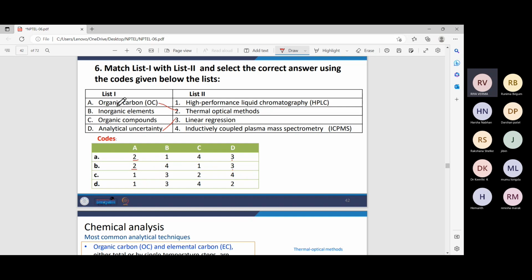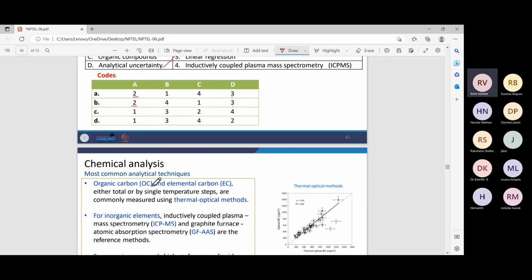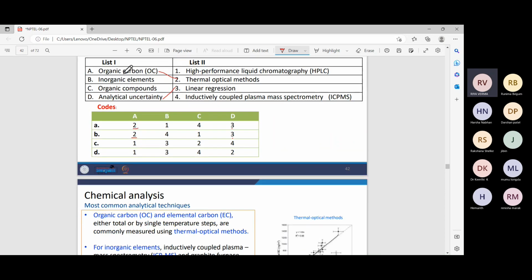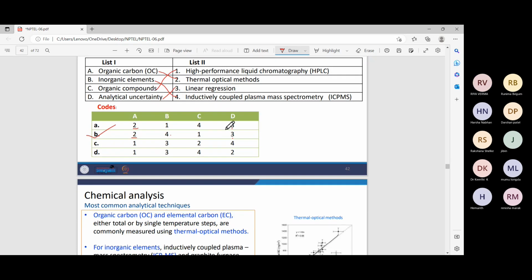Now we are left with B and C, inorganic elements and organic compounds. For inorganic elements, inductively coupled plasma mass spectrometry, ICP-MS, this one. This is for your inorganic elements. That means B is 4. So the answer will be this. No need to even see C, but still the organic compounds will be found using high performance liquid chromatography. Got it?